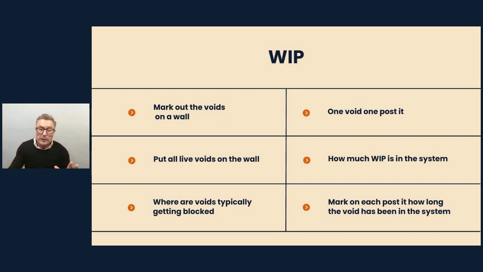Now look, you can do this digitally. But when I started doing voids 22 years ago, we didn't have the digital stuff that we have today. Sounding like my dad now. What we did is we put the voids on one of those T-card boards. Each void had its own little card, and we put it in the board and moved it along. It allowed us to see how many were in the system and how fast they were moving.